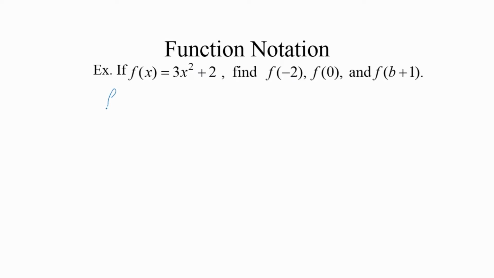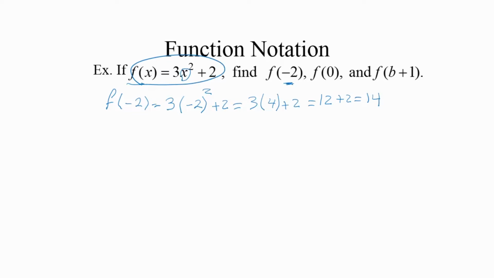So f of minus 2 means in place of x, you put minus 2. So it would be 3 times minus 2 squared. Don't forget there is a plus 2. So minus 2 squared is 4, so 3 times 4 is 12, plus 2 is 14. Right? So we evaluated this function.